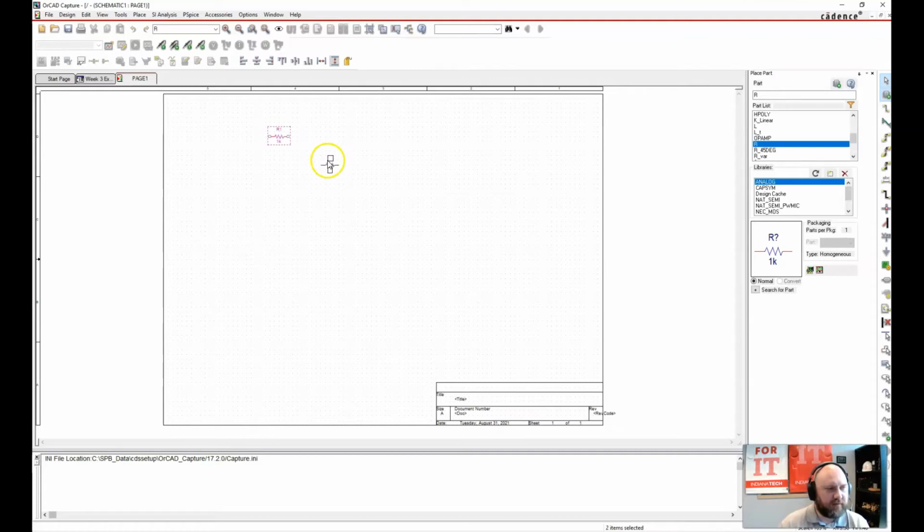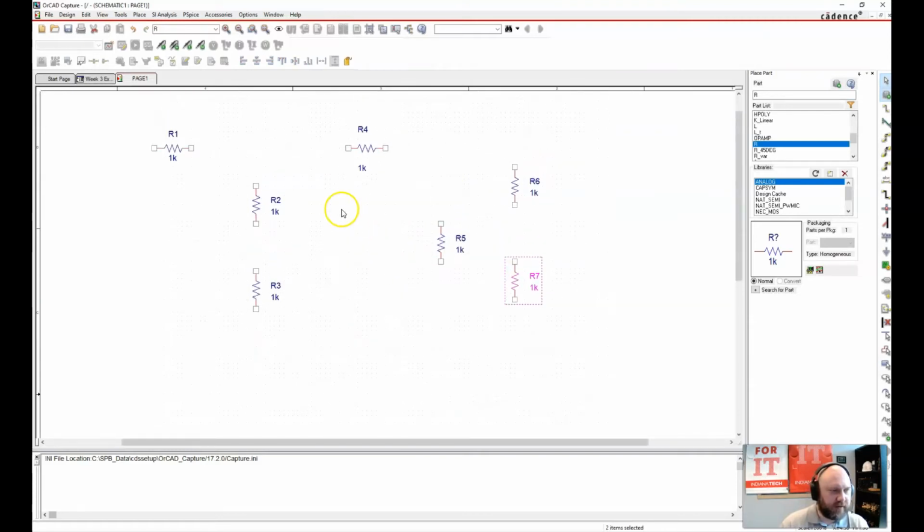When we get into real circuits that actually do real things that we are going to lay out, the resistor values will be a little bit different and a little bit more what we would consider realistic. So again, I'm just placing all of these resistors in the same rough configuration that is in the picture. I'll zoom in a little bit.